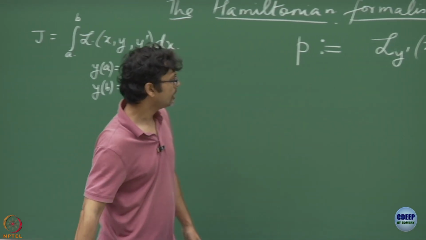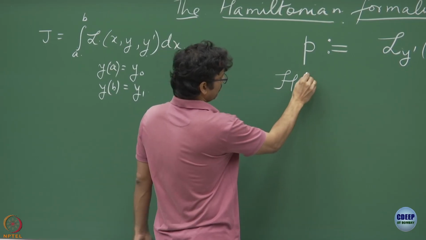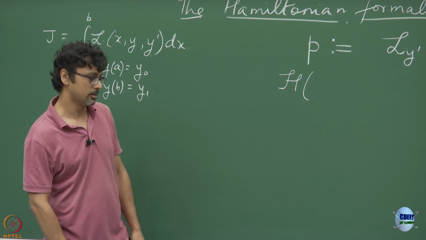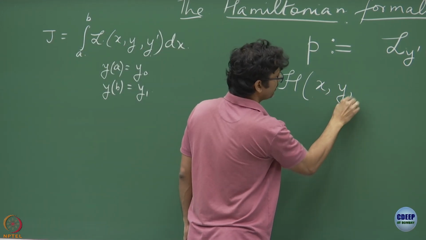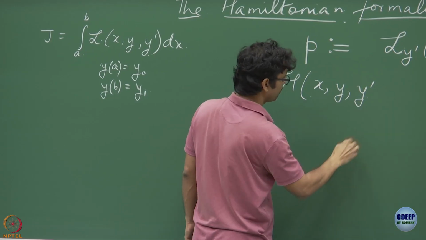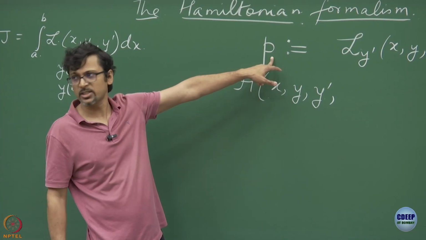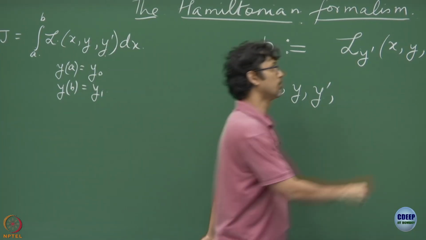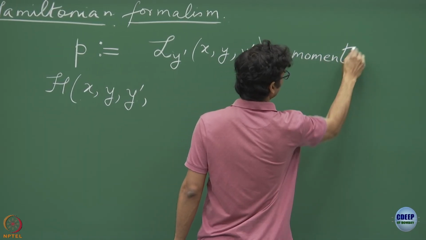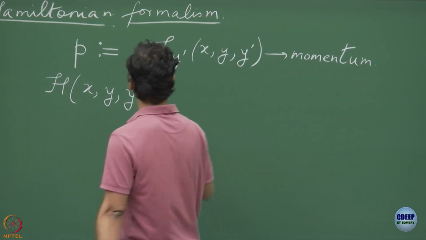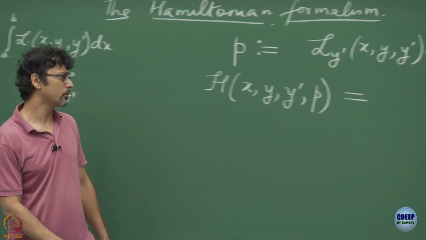Right? And now here's how we are going to write this. Of course, the Hamiltonian is still going to depend on x, y, y prime, and now we're going to use this variable p that we have just defined, the so-called momentum. And how do you think this is going to look now?